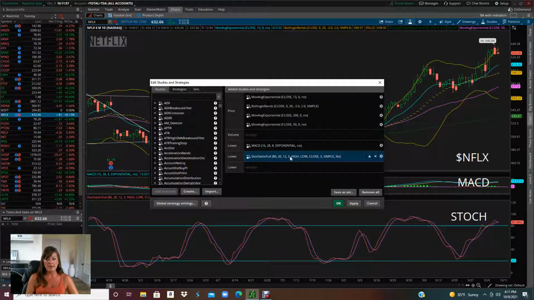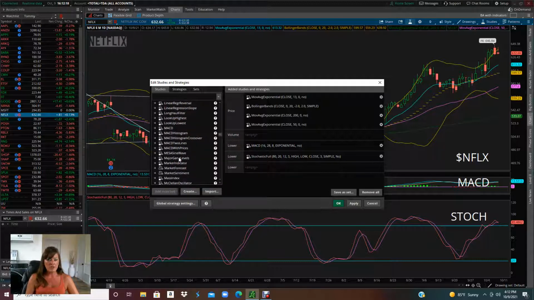Those are the numbers that I tweaked. High, low, close, 3, simple. This is my stochastics parameters, and I wanted to show you the default stochastics over here, so you can see the difference and why you should tweak yours.